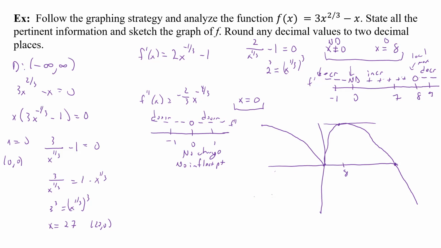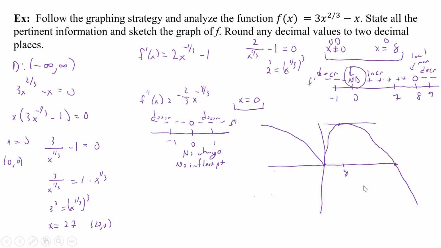And then we're hitting (27, 0), we're going to go through. And at this point, this is the no derivative, because we have that sharp point. So we're coming in here, hitting that, and then bouncing back up, and then coming back down.